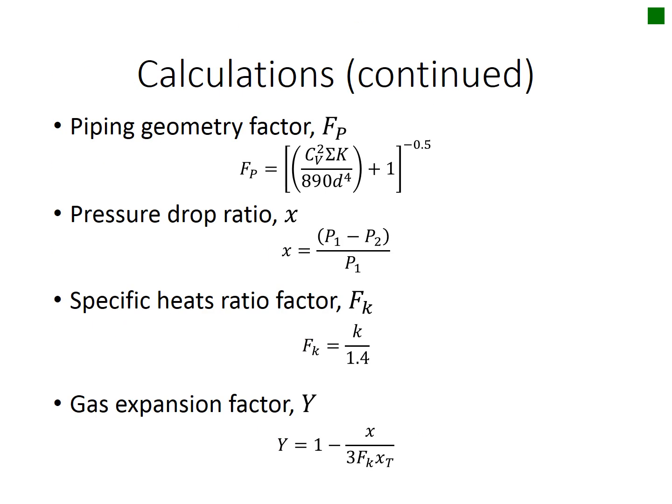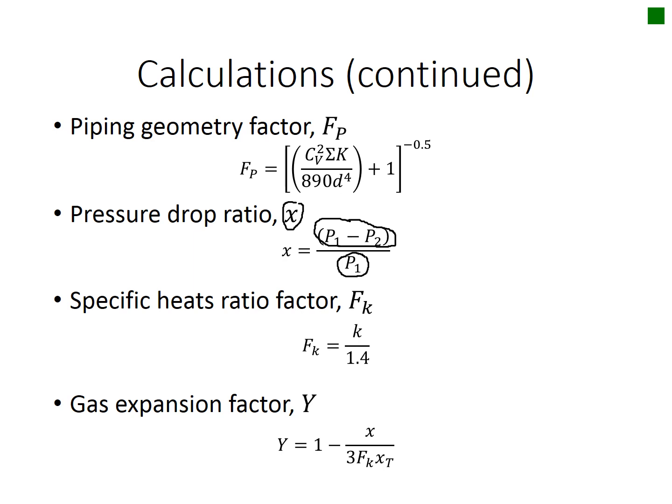Our piping geometry factor FP is given by the equation for it, which is just like our factor for the liquids. Here we're going to look now at our pressure drop ratio X, and that's given by the difference in pressure between the inlet and outlet divided by the inlet pressure.